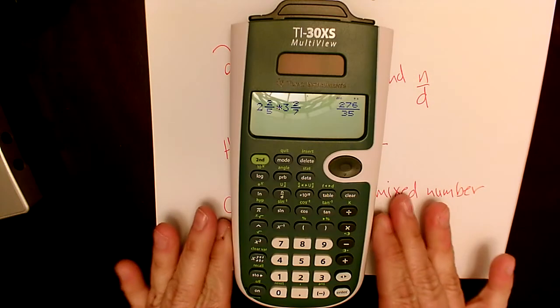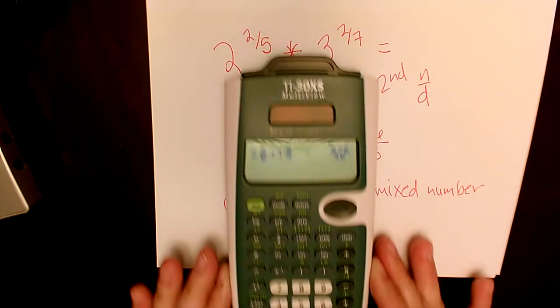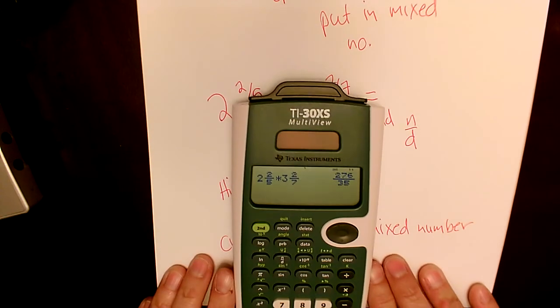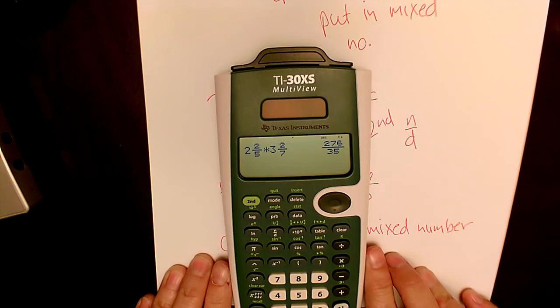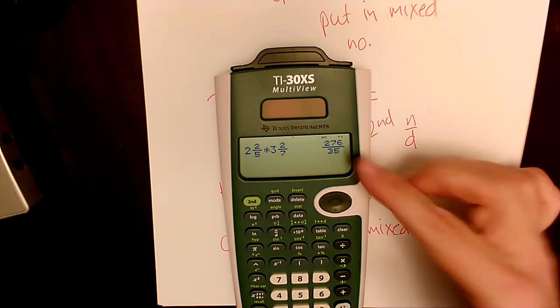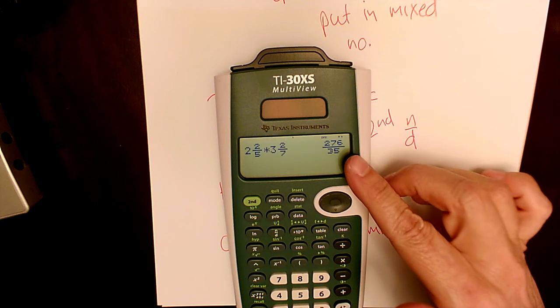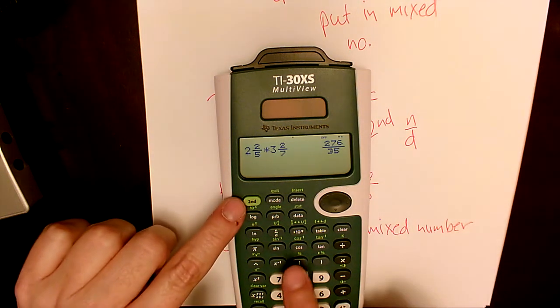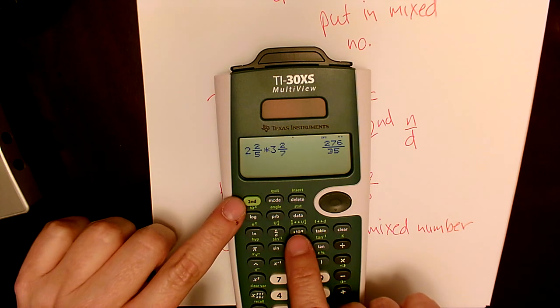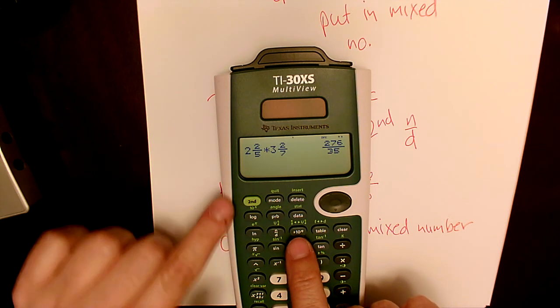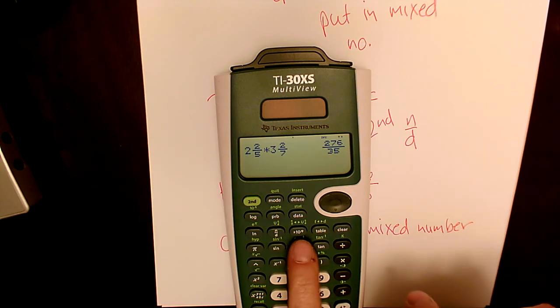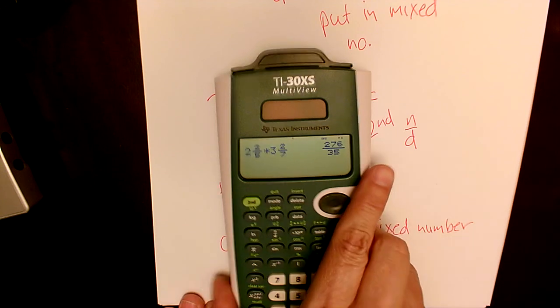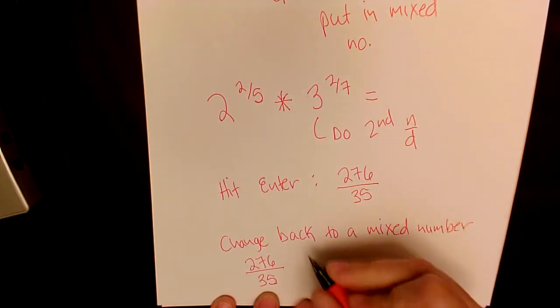And to change it from an improper fraction back to a mixed number, I'm going to hit second x10n. So second and x10n, which is right next door to n over d.